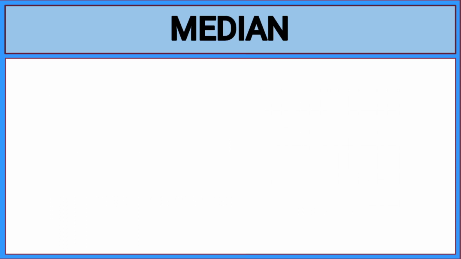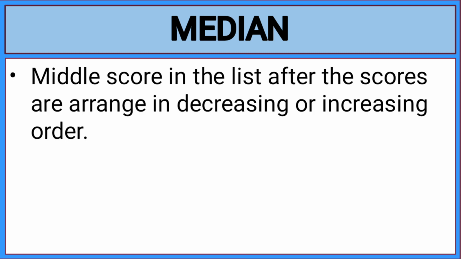And now let us talk about the second tool that we are using in measures of central tendency. The median is the point that separates the upper half from the lower half of the distribution. So median is the middle score in the list after the scores are arranged in decreasing or increasing order.